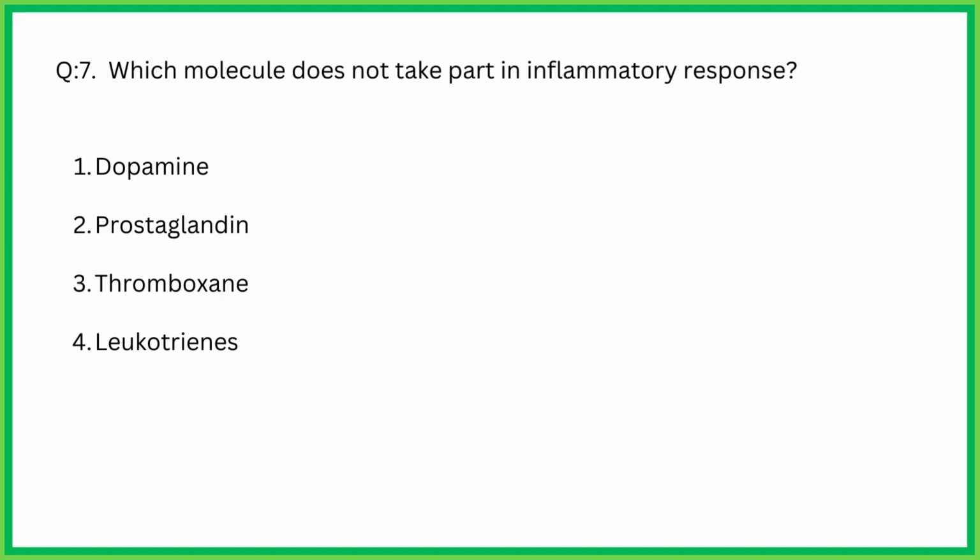But dopamine will not take part, because dopamine is released when we are in an excited phase or in happiness. In case of inflammatory responses, when any swelling or infection has occurred, only prostaglandin, thromboxane and leukotrienes are released.